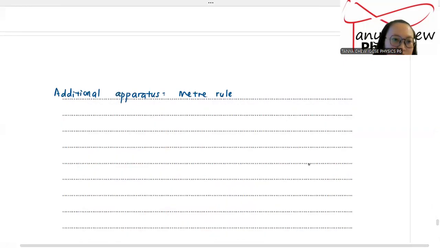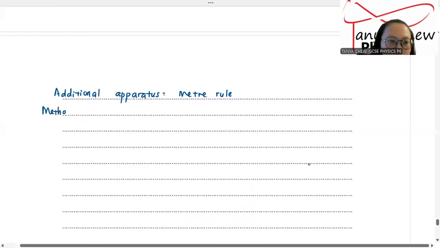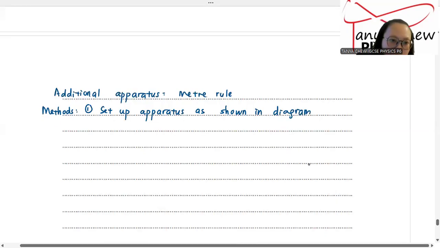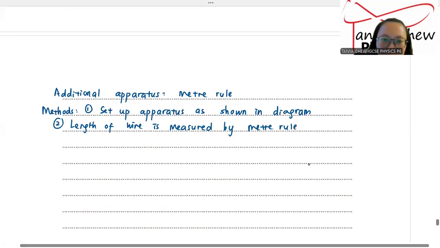So my method, so I'm going to write it here. Set up apparatus as shown in diagram. Now this is about length of wire is measured. Just give us the apparatus by meter rule.